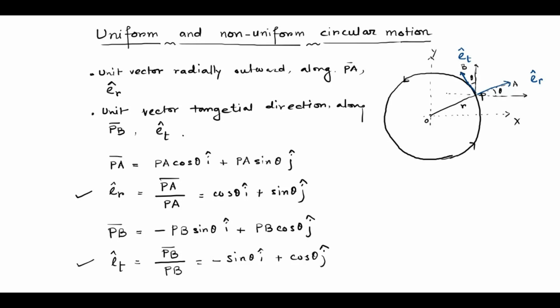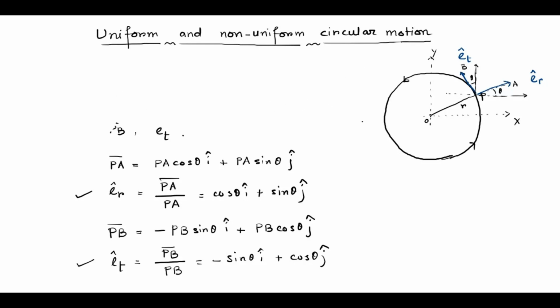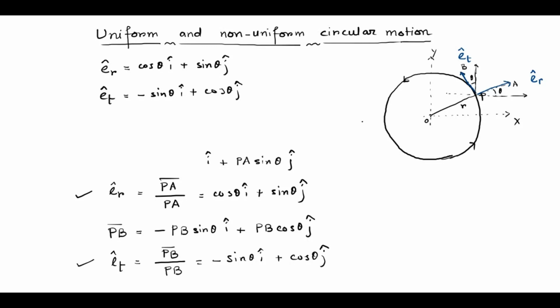So we can write here ER vector is cos theta i hat plus sin theta j hat, and ET vector is minus sin theta i hat plus cos theta j hat.